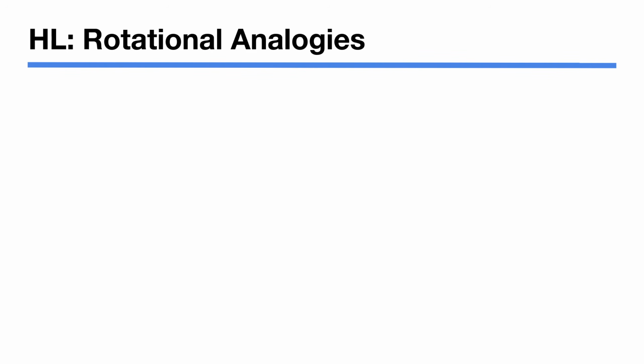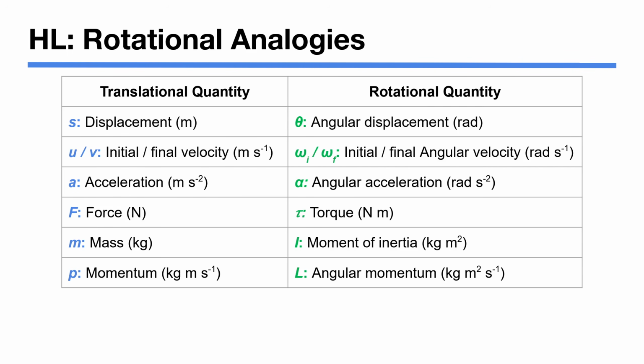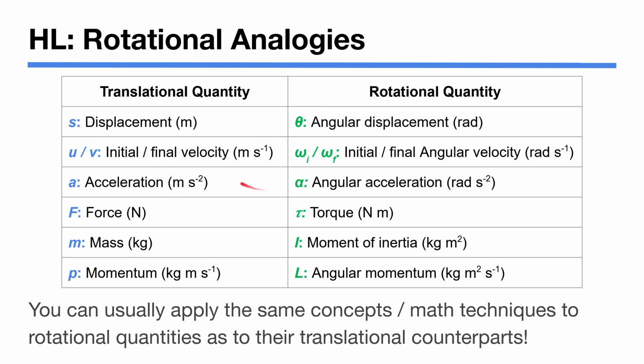Some other HL stuff, the rotational piece: there are a lot of analogies you can draw. These are good to think about because if you understand mechanics, which by the way is the most important topic to study and feel really good about anyway, like SUVAT equations, F equals ma, and momentum, you can relate that one-to-one to all of the rotational stuff.